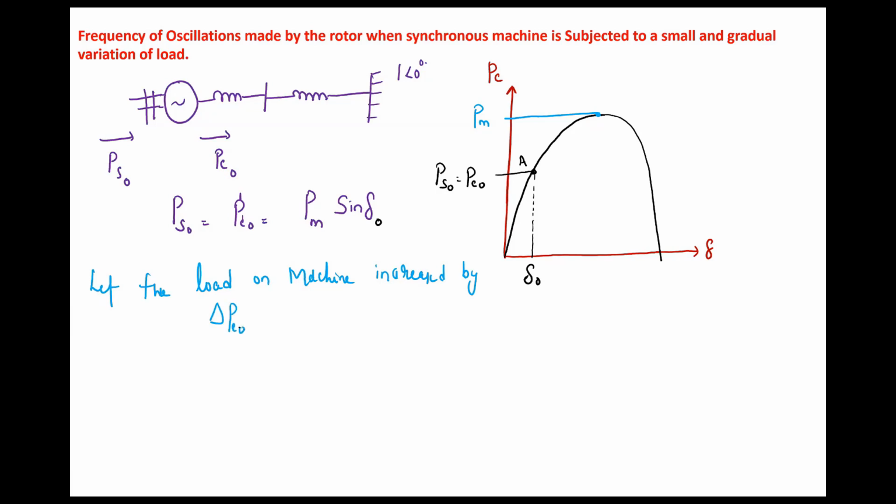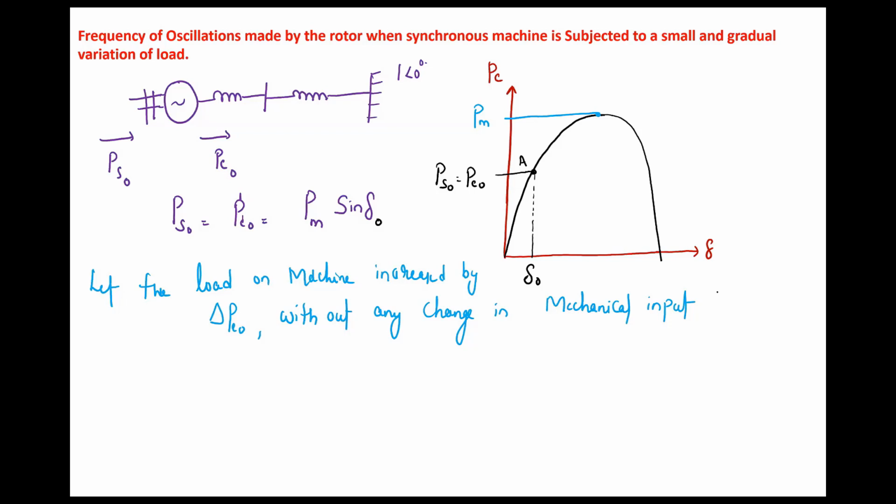There is a small disturbance, where the load suddenly increases by a small value, delta PE naught, without any change in the mechanical input. Understand? So now what happens?